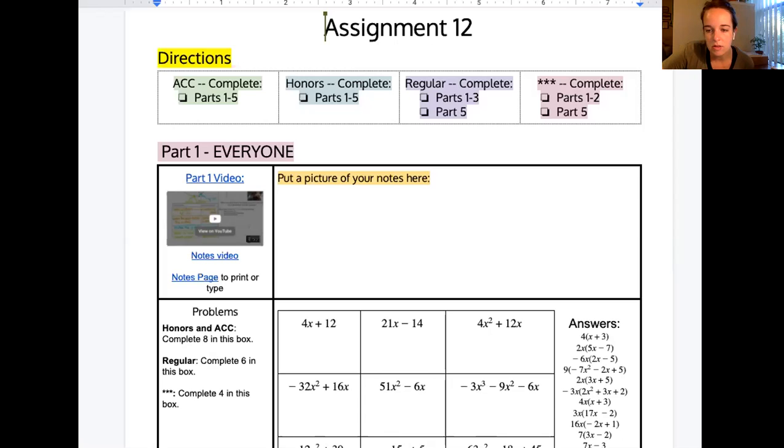Cool. Ben, give me a second finding you. There you are. Cool. Alan, we're not like in our individual spaces. People are choosing the breakout rooms they want.